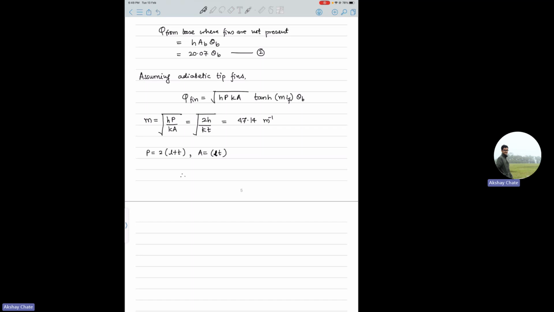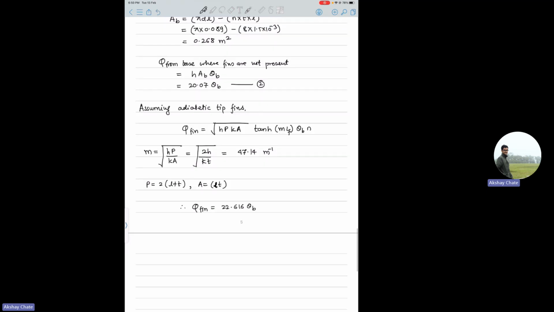And when you put all the values here, you have to multiply by the number of fins also, because this is for n fins, where n is 8 given in the question. So when you do this, you get Q fin as 22.616 theta b.